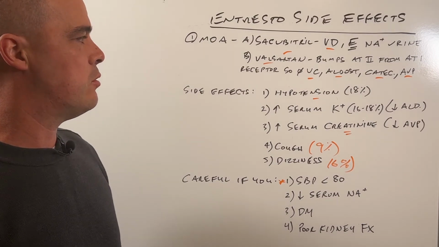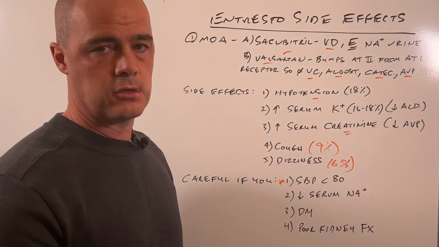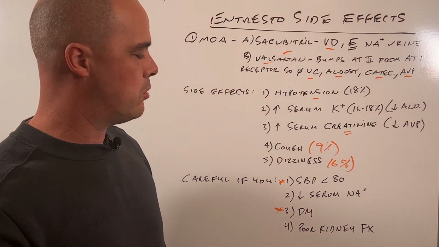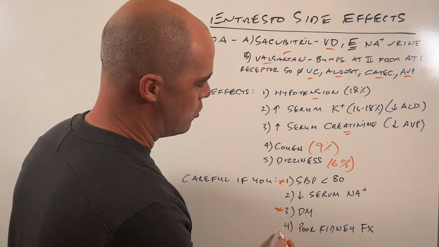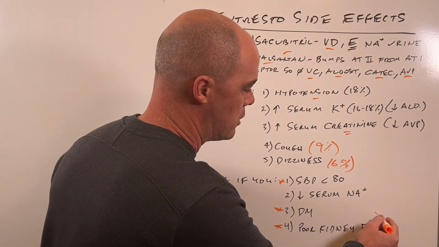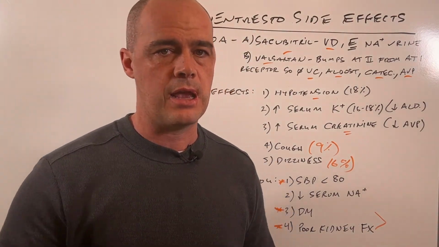If so, that's problematic, something we want to keep an eye on. Also keep an eye on people with diabetes, which ties into number four, poor kidney function. A lot of diabetics do have poor kidney function, so those things tend to go hand in hand.